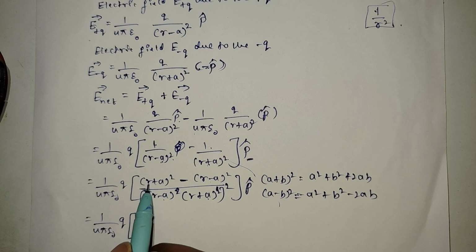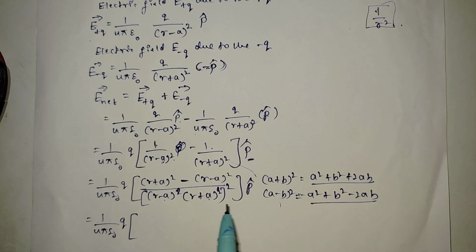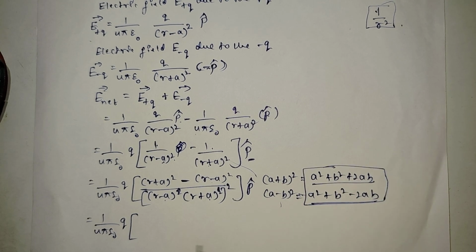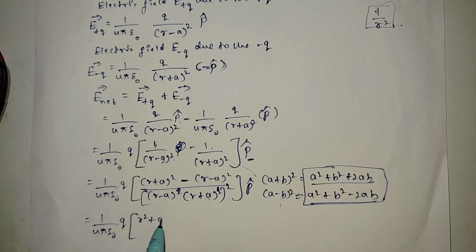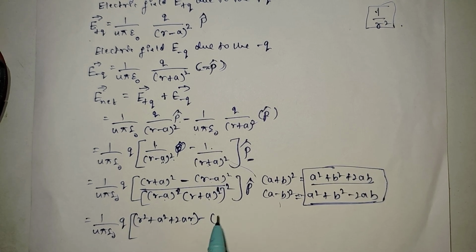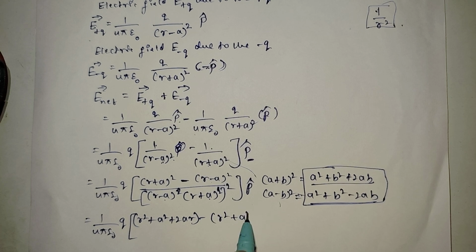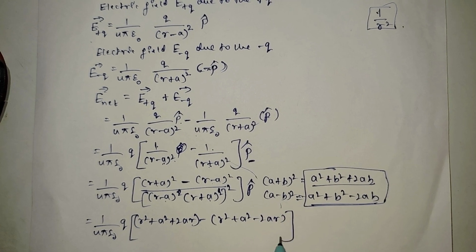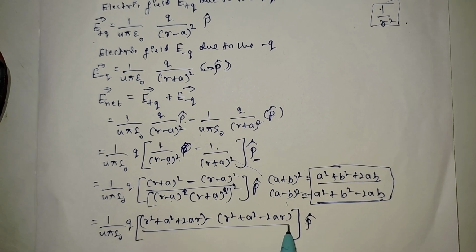Here a is r and b is a. Applying the identity: r square plus a square plus 2ar, minus r square plus a square minus 2ar. Here p cap is the same.